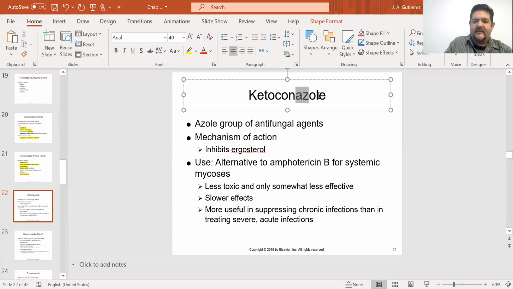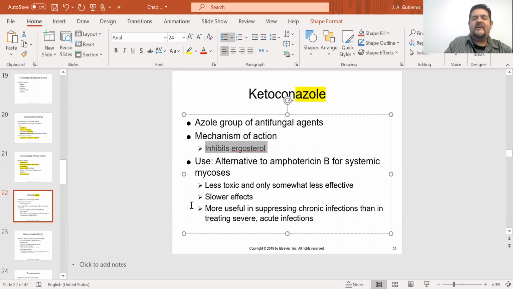Ketoconazole, another of the acyls. Same thing, inhibits ergosterol. And this is an alternative if the patient has severe reactions to amphotericin B. So just like the other acyls, if amphotericin B is giving a lot of trouble to the patient and they cannot tolerate it, then we jump to one of the acyls.